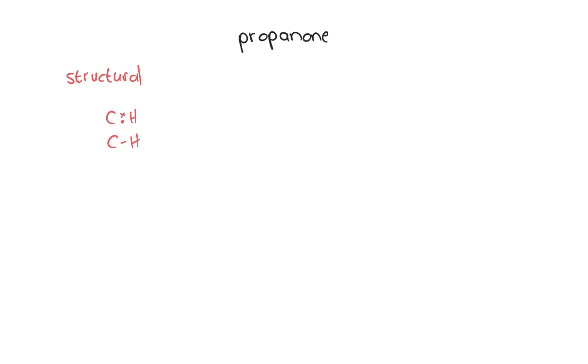So the structural formula is basically the Couper structure of the molecule. It shows you exactly which atoms are bonded to which other atoms, and we do that using a stripe to represent a bond.